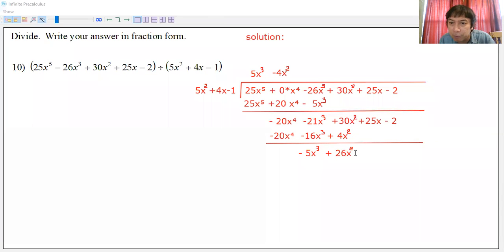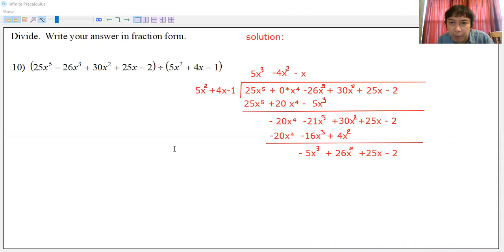So this will now be plus 25x minus 2 there. So that is negative 5x cubed. Our divisor is second degree, so we can still go on. It will give us negative 5x cubed divided by 5x squared, which is a negative 1x, or negative x.